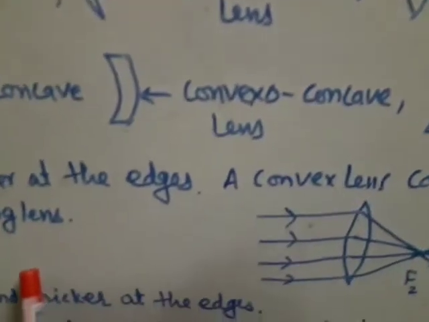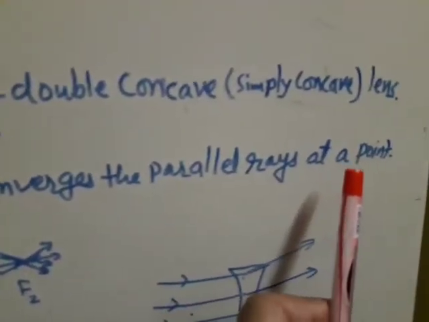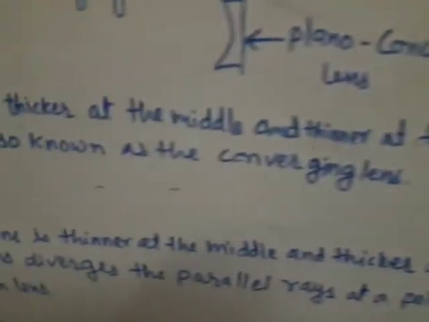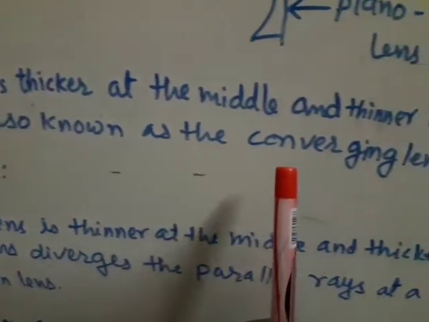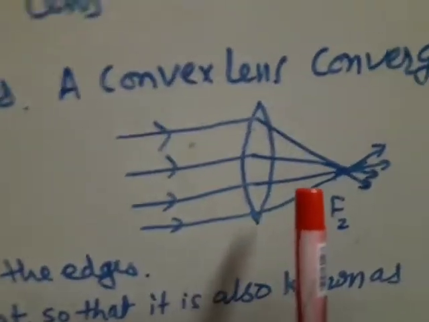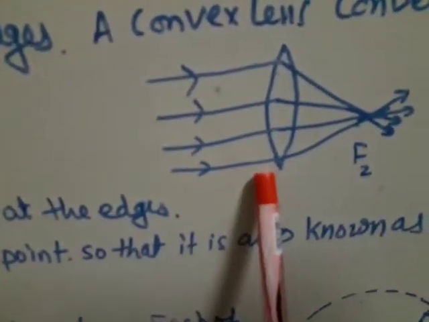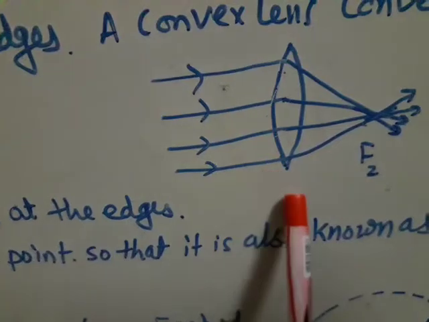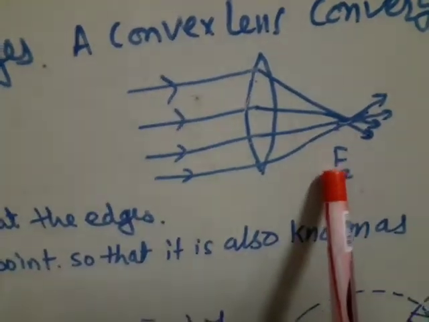A convex lens converges the parallel rays at a point, and so it is also known as a converging lens. In this figure, you see that these are the parallel rays, and after passing through the convex lens, they are converged at a point.